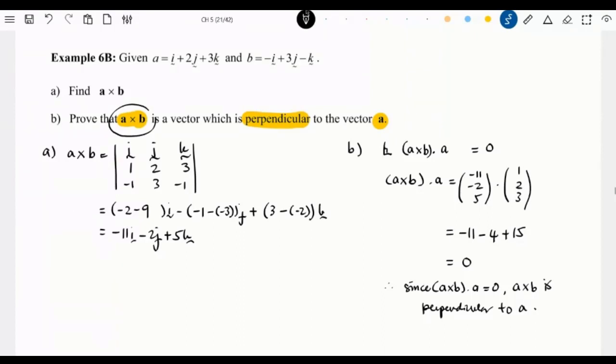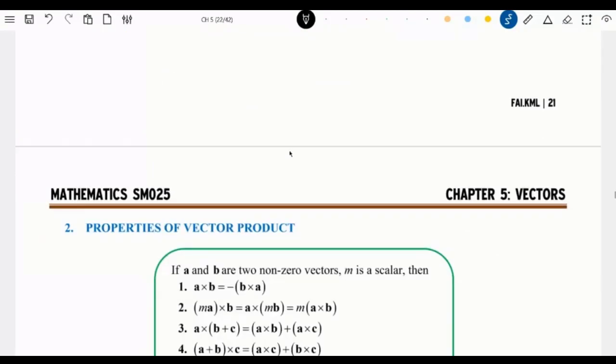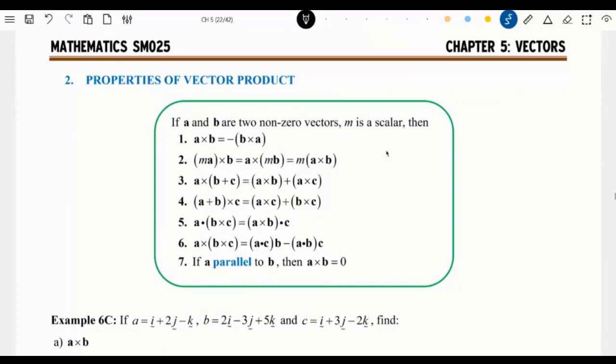Okay, alright, so we have properties of vector product. Okay, untuk yang ini, dia tak sama dengan skala produk di mana kita ada commutative untuk skala produk. For vector product, it's not commutative, sebab dia berkaitan dengan direction. So whenever we have A cross B, bila kamu tukar position dia, dia akan jadi negatif di luar.